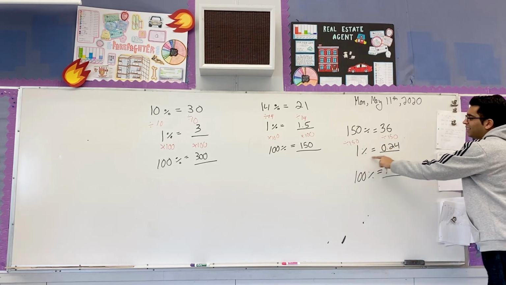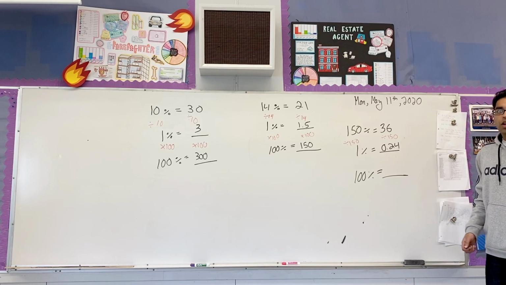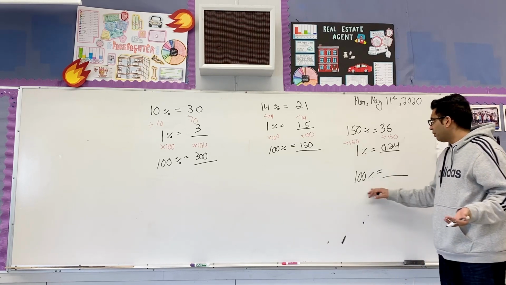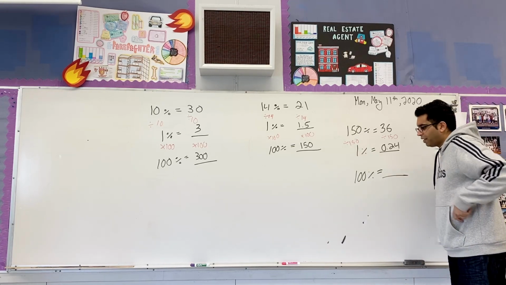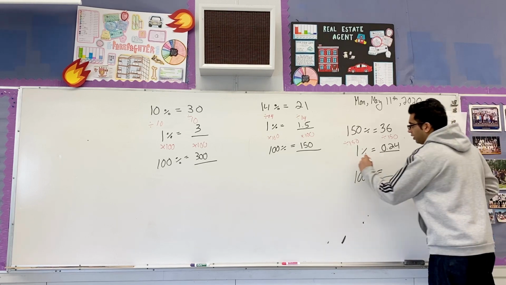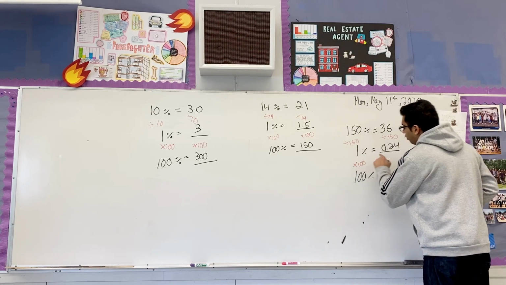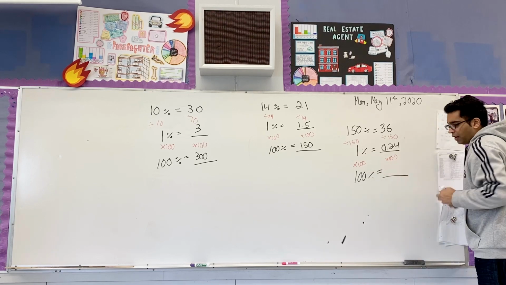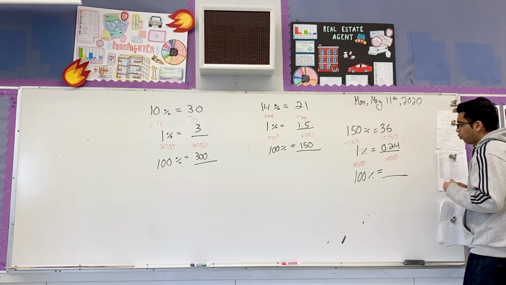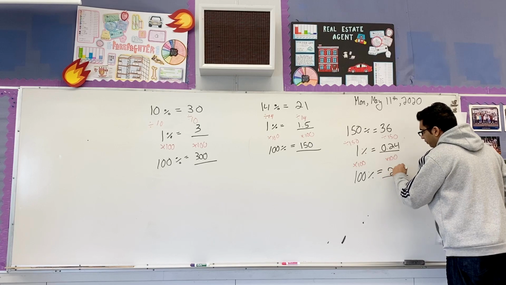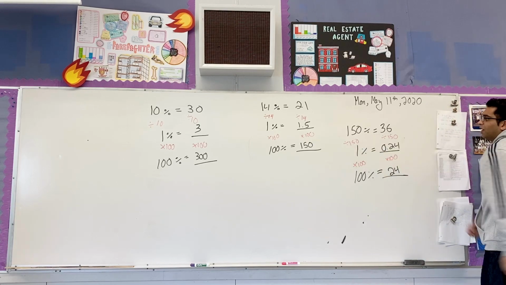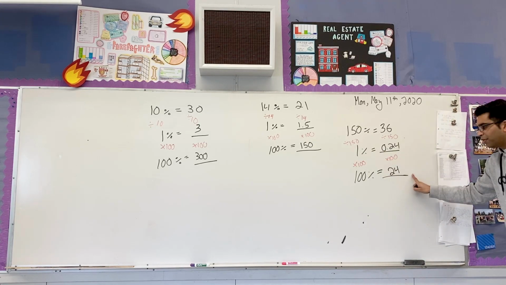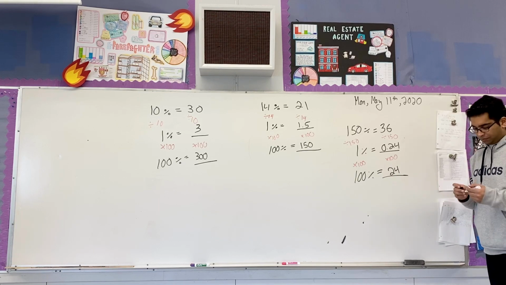If 1% is 0.24, we can figure out what 100% will be. We multiply this by 100, which means multiplying this by 100 as well, and you get a nice even 24. If 150% of something is 36, 100% of it will be 24.